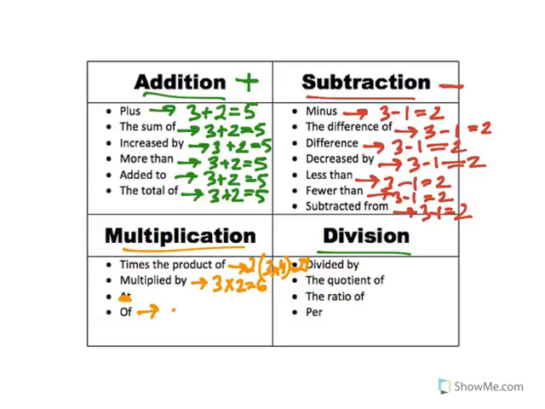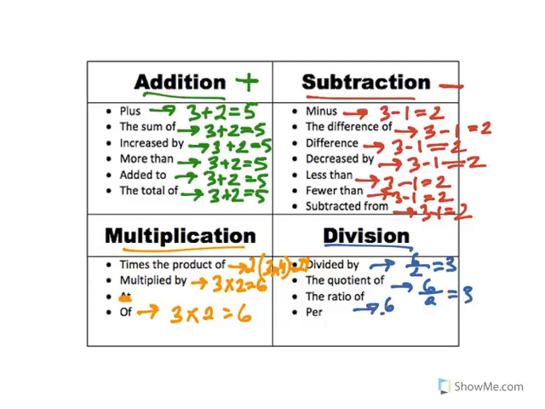And then of, we can say 3 of 2 is 6. When we talk about division, we sometimes say 6 divided by 2 equals 3. The quotient of 6 and 2 is 3.